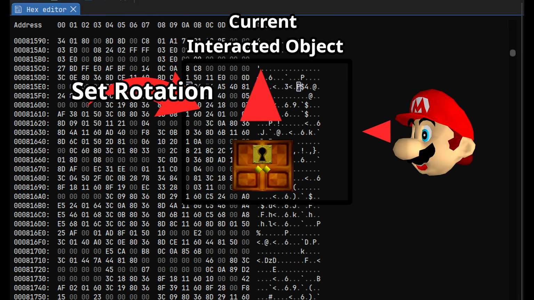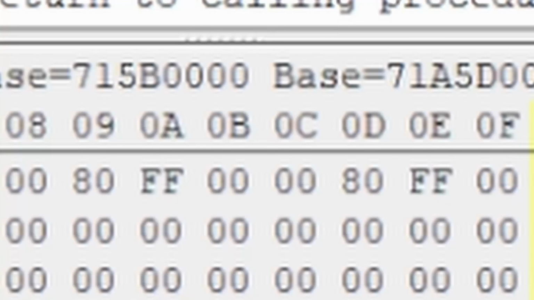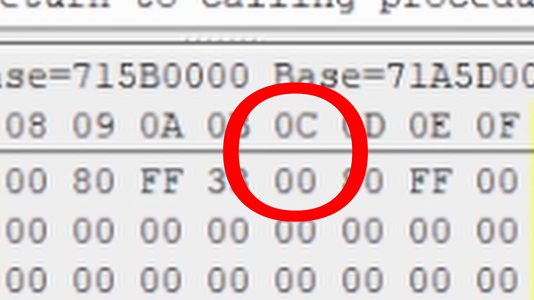However, since the door is a fixed object and therefore cannot rotate to face Mario, if we were to somehow attempt to call this function on the upstairs key door, it turns out that it would actually cause an unintended behavior in the code that ultimately leads to the game setting not the door's rotation value, but actually a completely different memory value. A memory value that happens to be right next to 0x0C. So we're close, but we're not quite there yet.